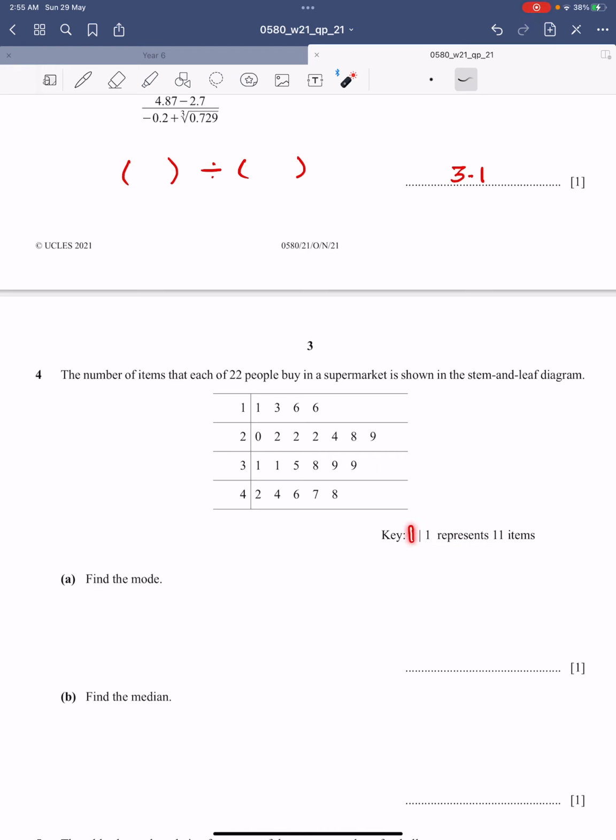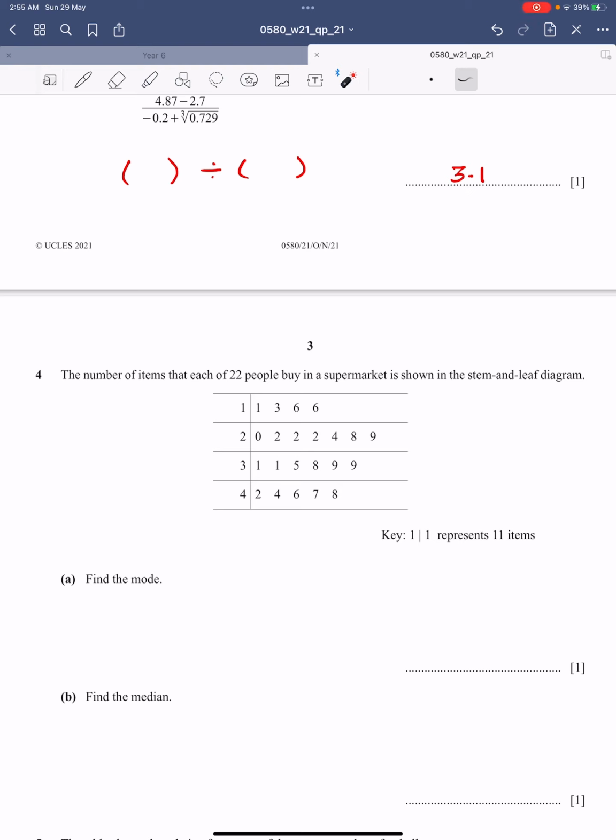So 1/1 here, as it is written, means 11 items. So here we have 1 and 1, 11. For example, this is 1 and 6, 16. For example, 4 and 8, 48. So these are the number of items purchased by 22 people.